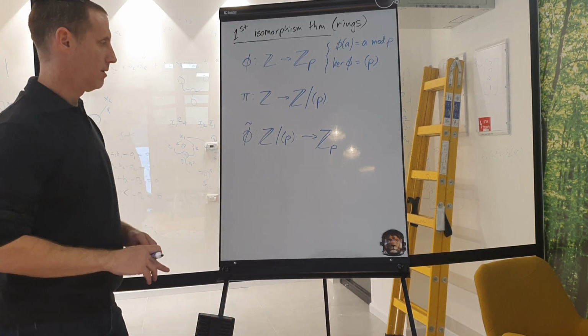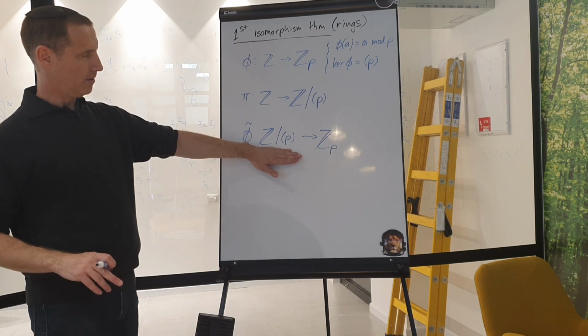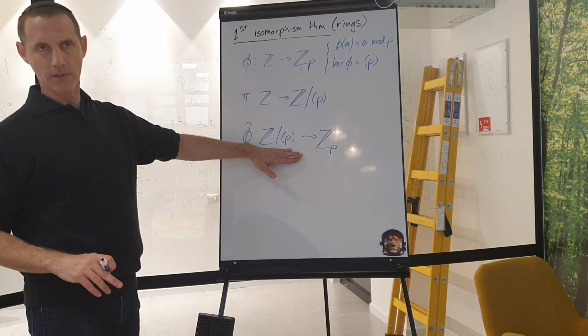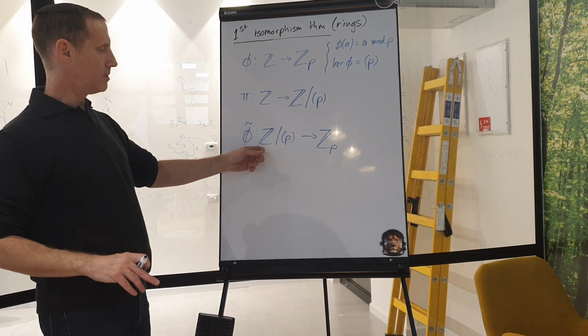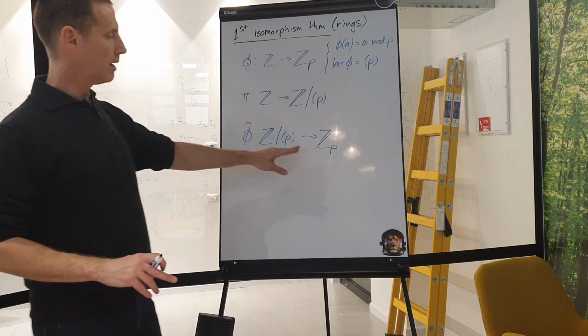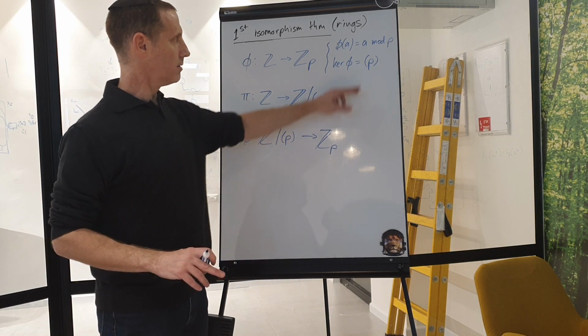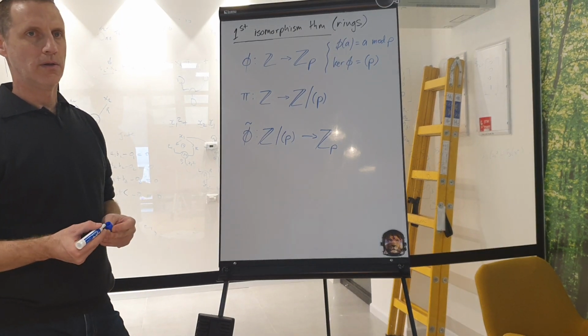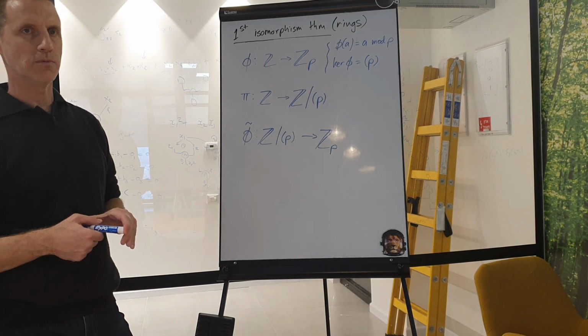So the quotient ring, or the residue class ring of Z over P, right, acts exactly the same as this modulo guy. Okay, that's isomorphic.